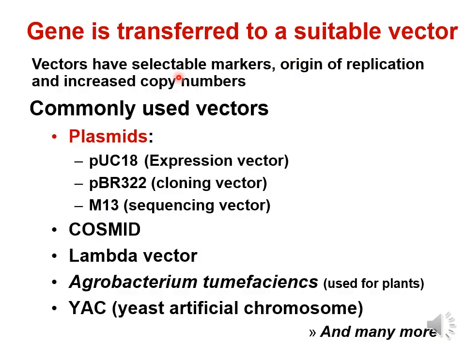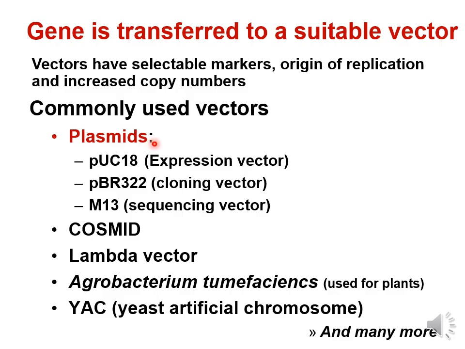Vectors have selectable markers, origin of replication, and increased copy numbers. Commonly used vectors are plasmids, cosmids, lambda vector, Agrobacterium tumefaciens used for plants, and yeast artificial chromosome. And there are many more vectors that can be used. But here we will discuss plasmids.